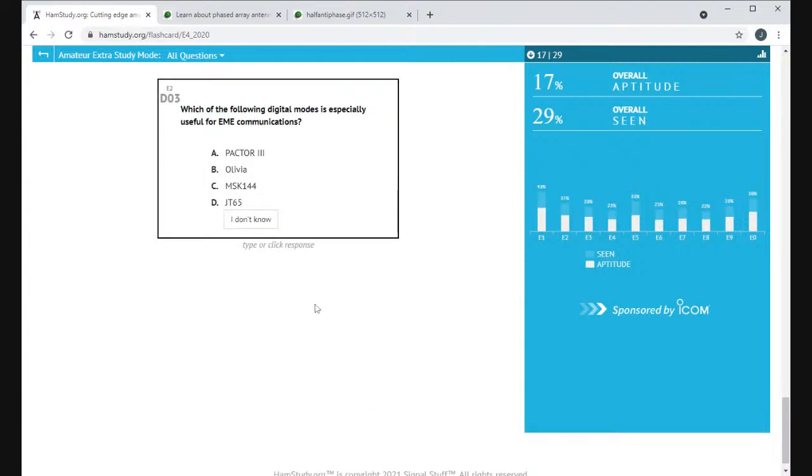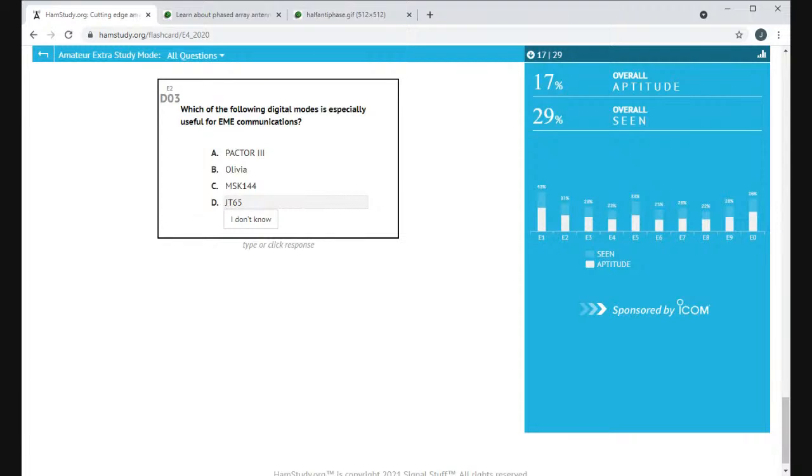Which of the following digital modes is especially useful in EME communication? A. Pactor 3, B. Olivia, C. MSK 144, D. JT65.